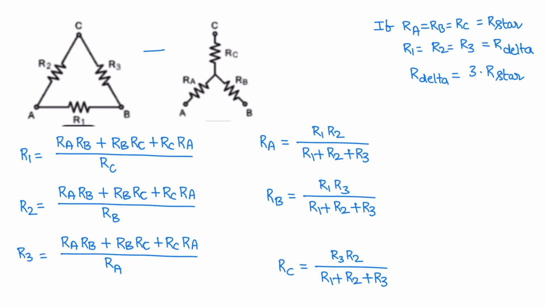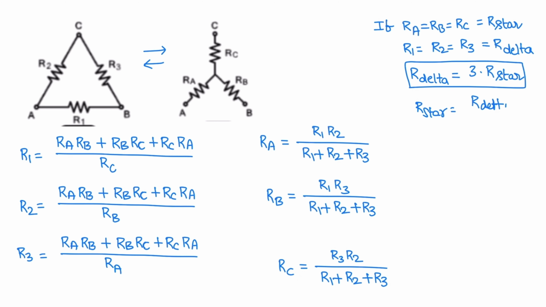If in this network R1 is equal to R2 is equal to R3 and RA is equal to RB is equal to RC, then the relation between star to delta connection and delta to star connection is: resistance in delta is 3 times the resistance in star connection, and resistance in star connection is equal to resistance in delta connection by 3.